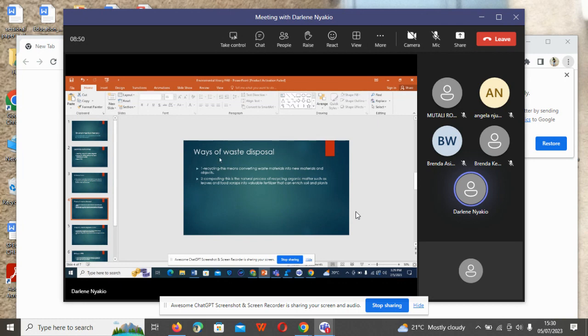Number two, we are going to look at ways of waste disposal. Remember, if you do not dispose of the waste properly, that is when it becomes hazardous. The number one way of waste disposal is recycling, which means to convert waste material into new materials and objects. Are we together? Number two, we have composting.